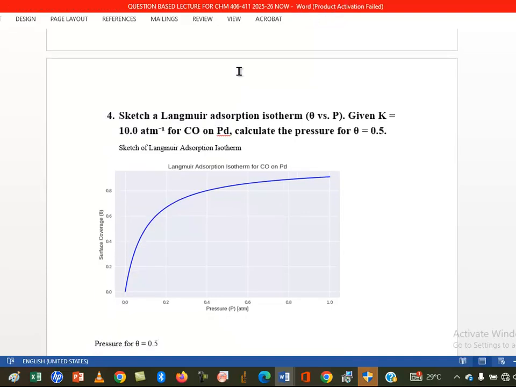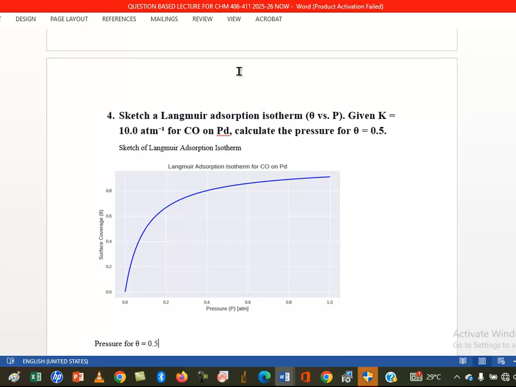Now this is simply it, nothing out of the ordinary. So this is what you need to draw. There you have surface coverage, that's theta, over pressure P, and you start from 0 and then drag it to 1. Just make sure it's a fine curve, neatly done. So that is all you need to do.